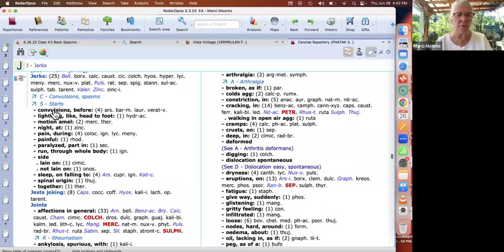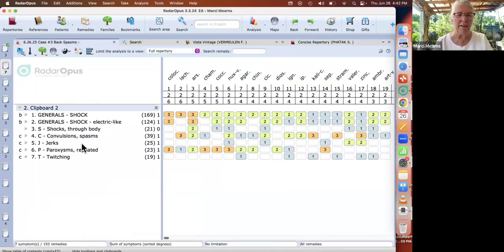Here's jerks. I think I also included that. I really wanted to cover everything having to do with that shock feeling. I grouped general shock and electric-like shock together, and then I grouped all of these smaller kinds of shocks that come from FATEC together.